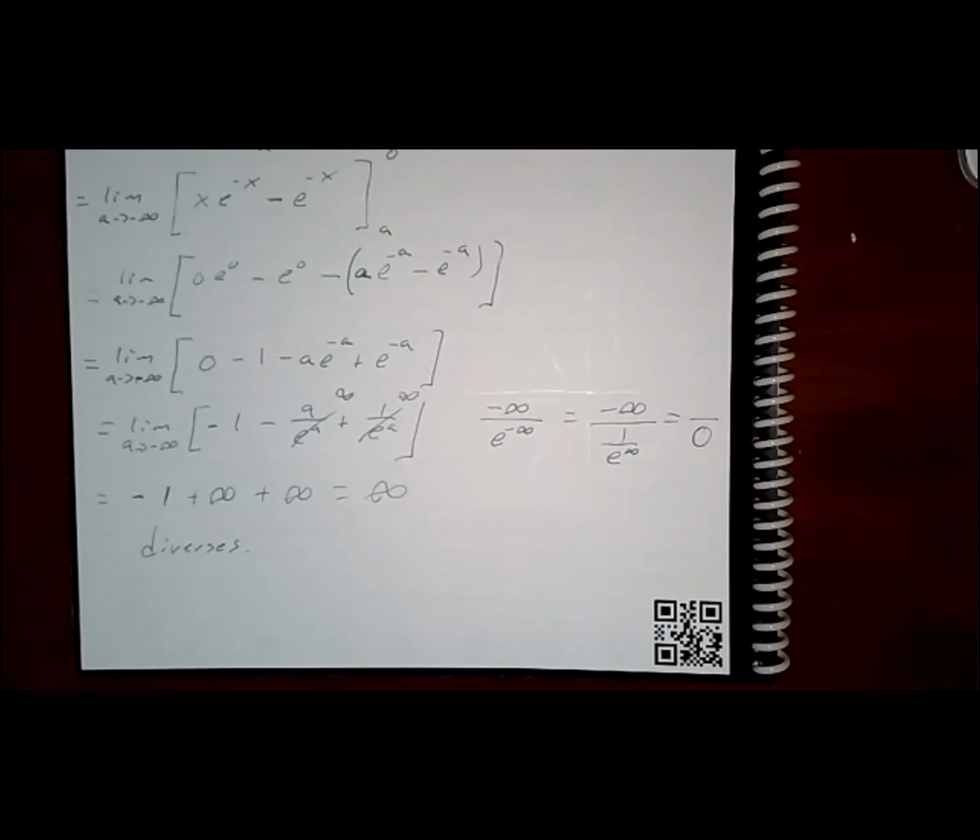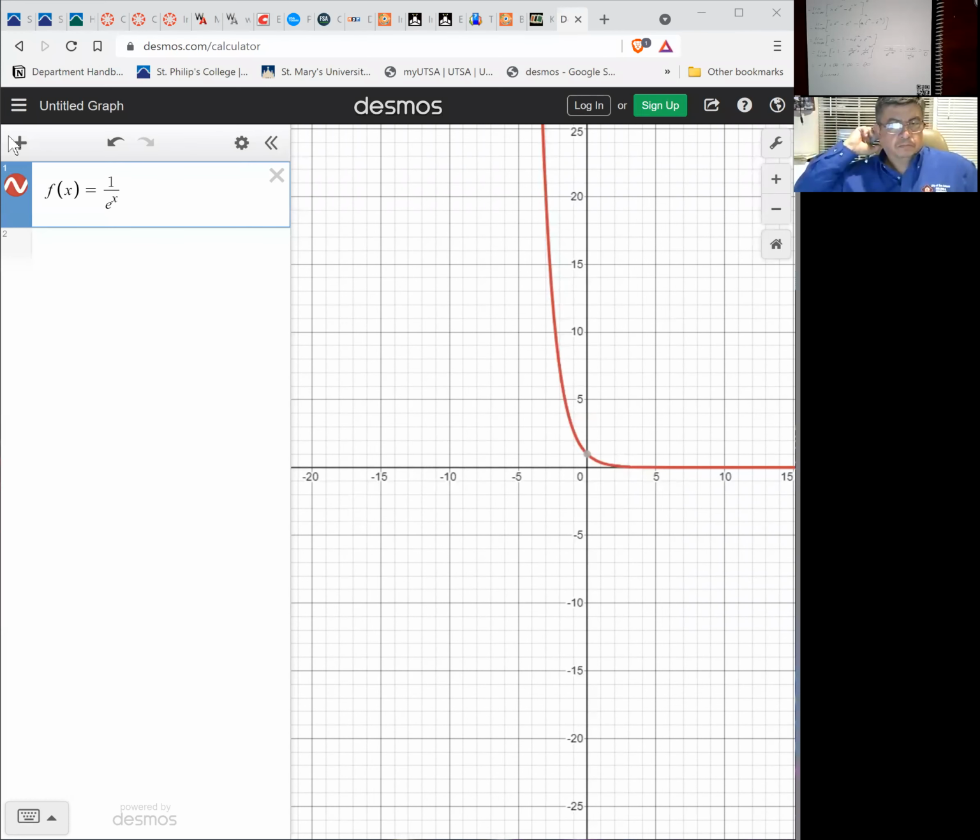So visually, another way to think about it, instead of weird algebra. If we're going to negative infinity, we're shooting off to the left side, right? For 1 over e. So I'm going negative infinity, that means it goes to infinity on the y, because the limit is the y values, right? Does that make more sense?